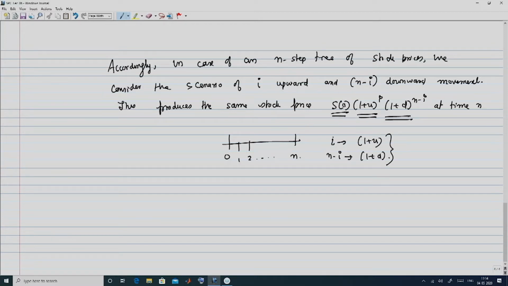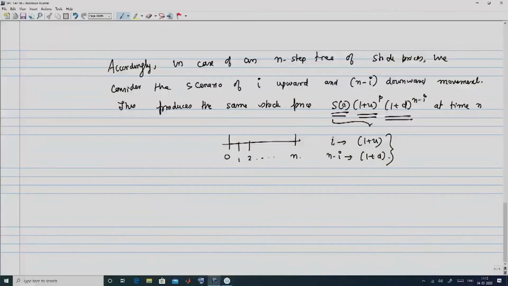So, this means that if I is equal to 0, that means that right from the beginning to the end there is going to be no upward movement, and it is going to be all downward movement. If I is equal to 1, that means from 0 to n you will have only one upward movement at some single time step, and for the remaining time steps you will just have all downward movements and so on.